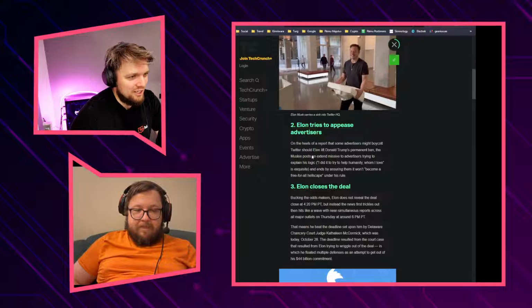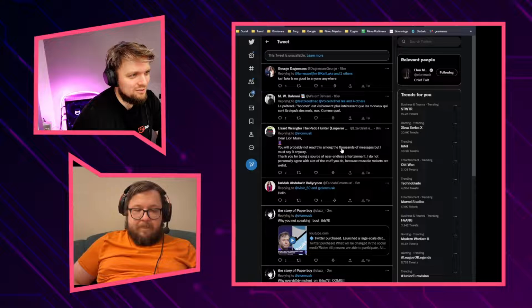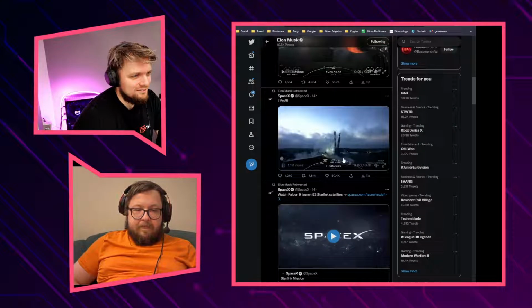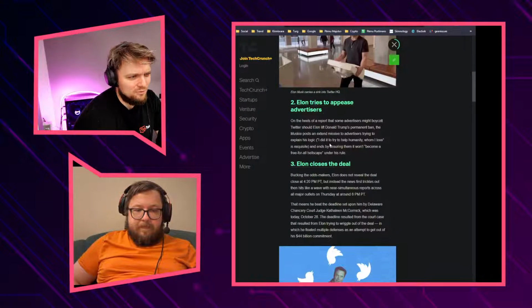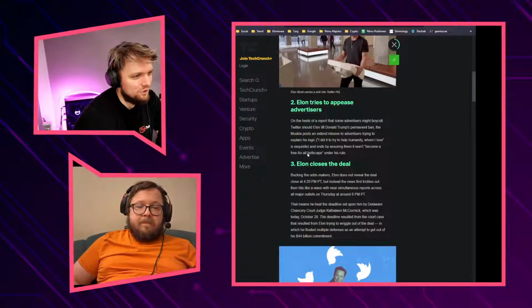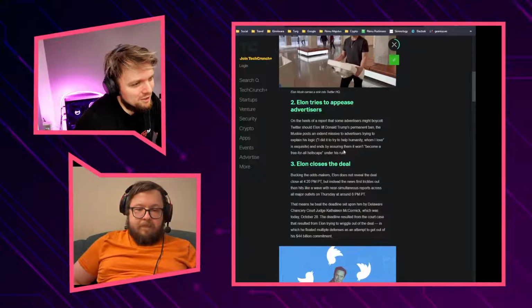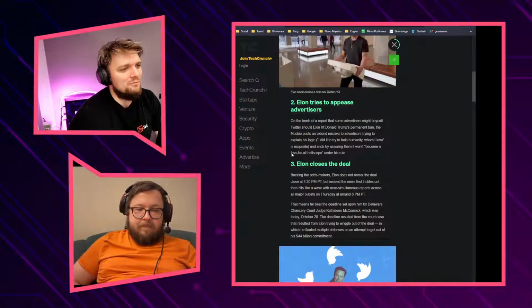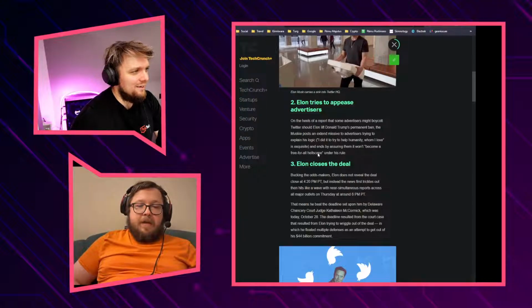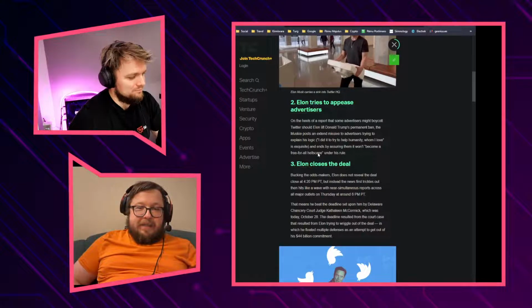Elon tries to appease advertisers, so he wrote a thing on Twitter, to summarize, that he did it to try to help humanity, whom he loves. He assured that it won't become a free for all hellscape, so you can't say anything without consequences. Well, that's what he said.